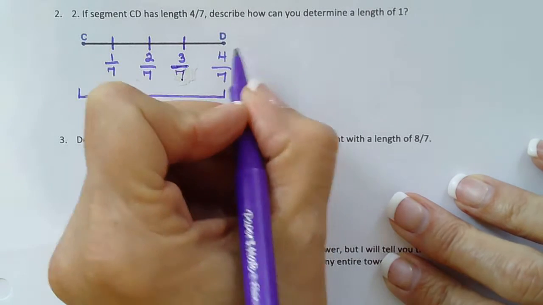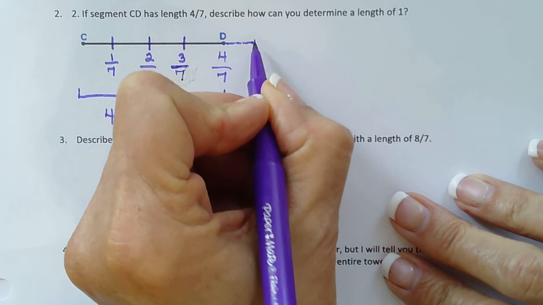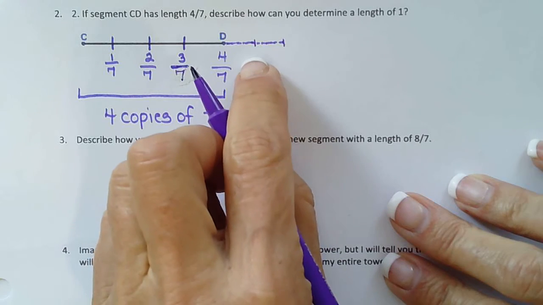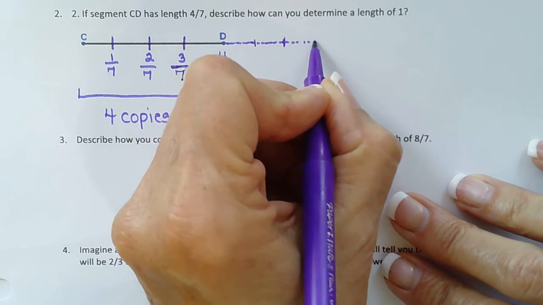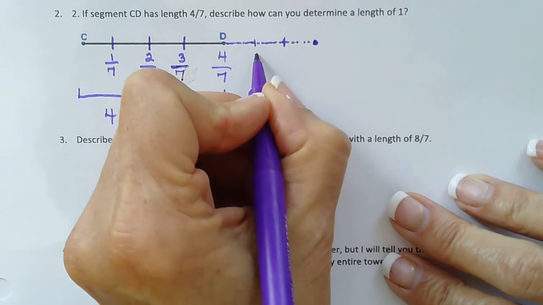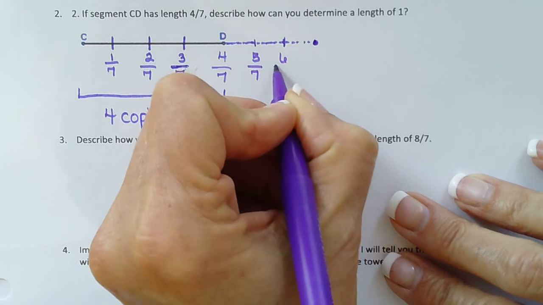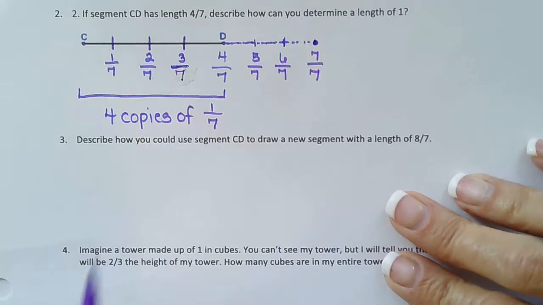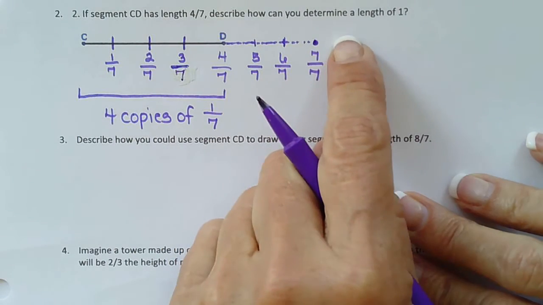So we have 4 sevenths, so we could add on 1/7, 2 sevenths, so there's 5 sevenths, 6 sevenths, 7 sevenths. So now we have a length of 1.